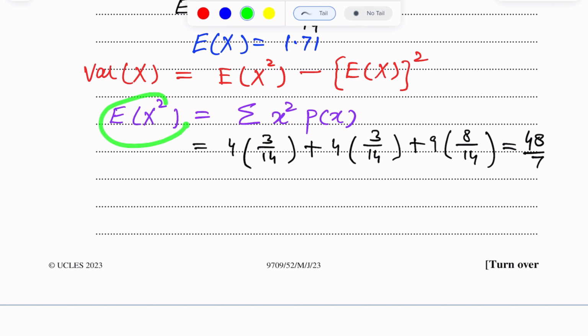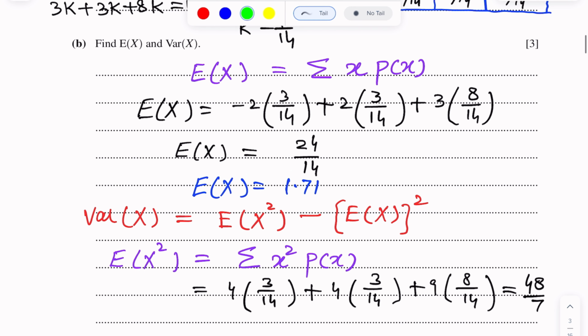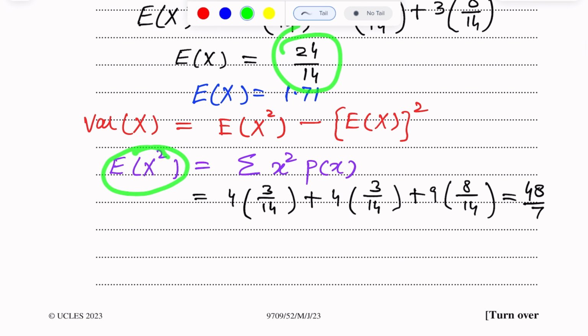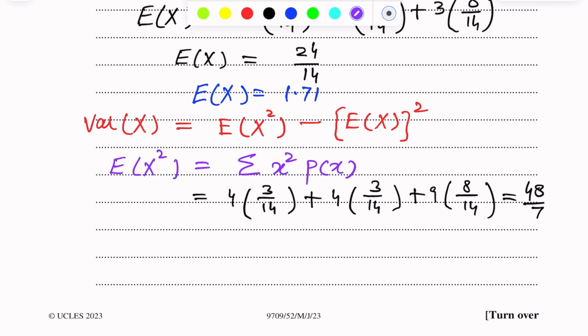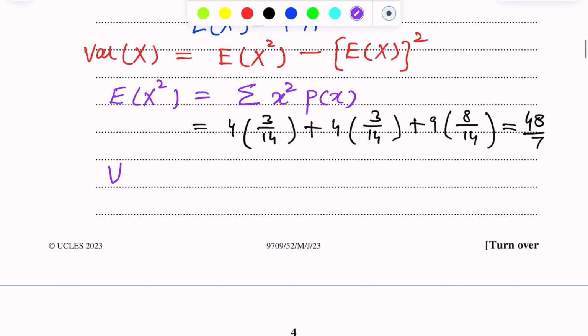Now we have found the value of Ex square, that is 48 over 7, and Ex we have already found 24 over 14. Now putting the value of Ex and Ex square in this formula of variance, variance of x will be Ex square, the value of Ex square is 48 over 7, minus Ex whole square.